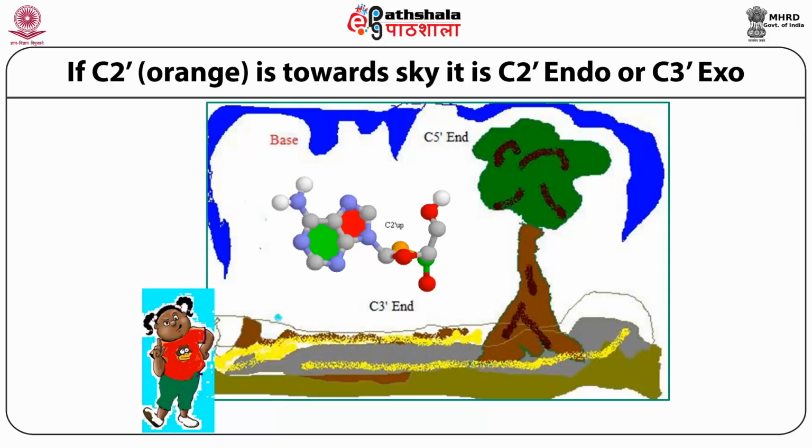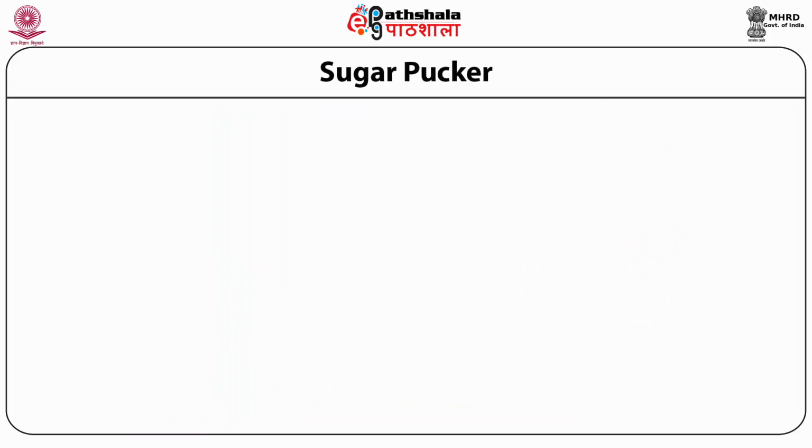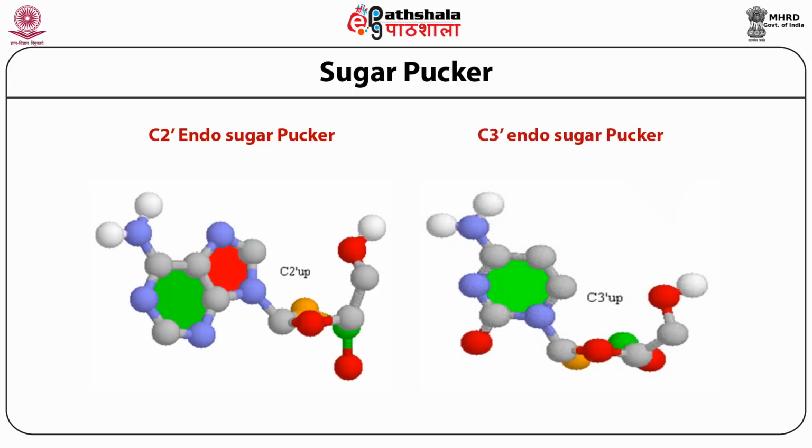This is shown in the next slide. So we show here that C2' yellow up is C2'-endo sugar pucker, and C3' up is C3'-endo sugar pucker. These are also called C2'-exo or C3'-exo.